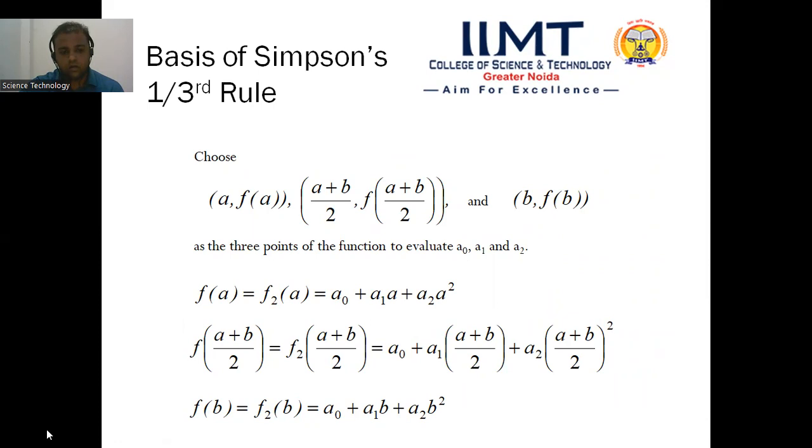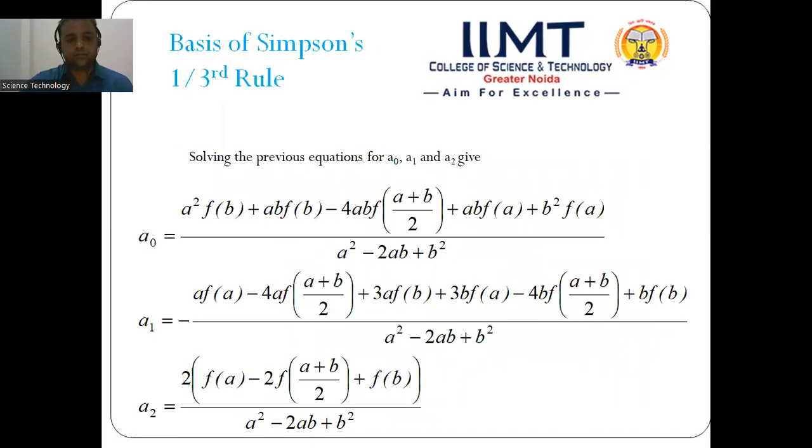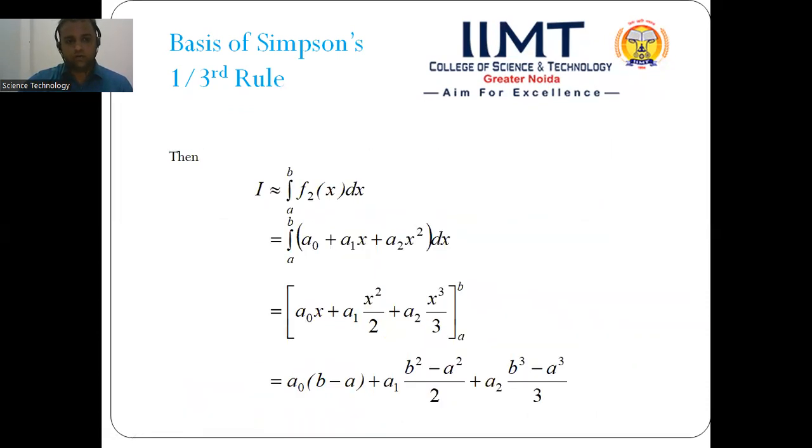So f2(a) is given by this, f2 at the midpoint, and f2 at the point b. Solving the previous equations for a0, a1, a2 gives a0, a1, a2 in terms of a, b, (a plus b)/2 and the function values at these points. Now we integrate f2(x) dx, which is the integral of a0 plus a1x plus a2x square dx.